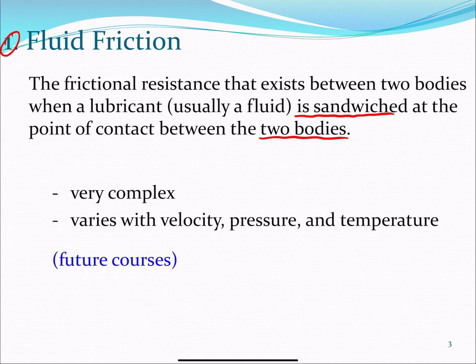Now, there is friction because this liquid is going to be sandwiched between these two surfaces, and it is going to transmit some of the forces. It's a complex phenomenon, and it varies with the velocity, the pressure, the temperature, and the viscosity of the fluid. In particular, the temperature aspect of it has to be accounted for.